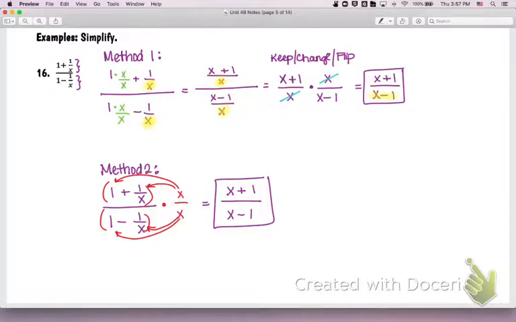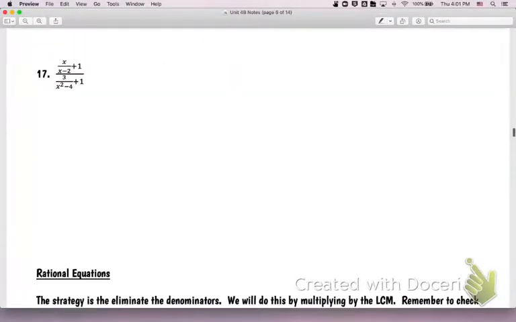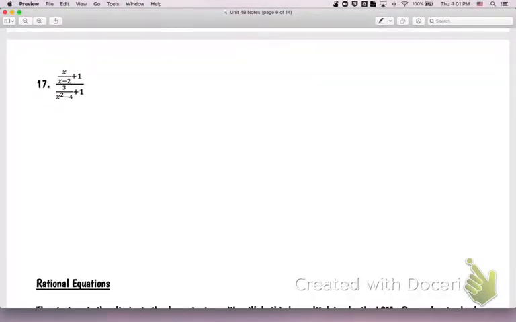Let's look at another one. Number 17. This one has a little bit more going on. Method 1 would be to essentially treat this like two problems. Here's another way that you can think about method 1 in terms of our order of operations.